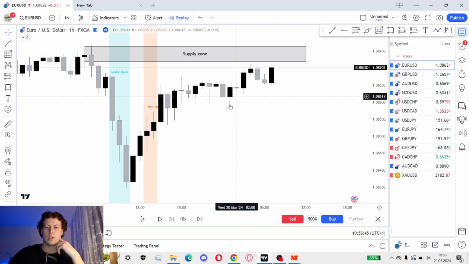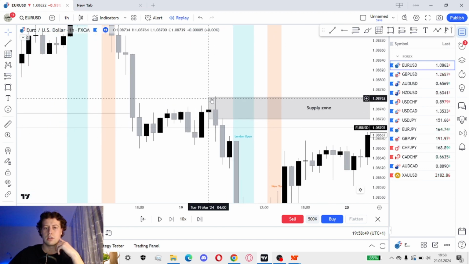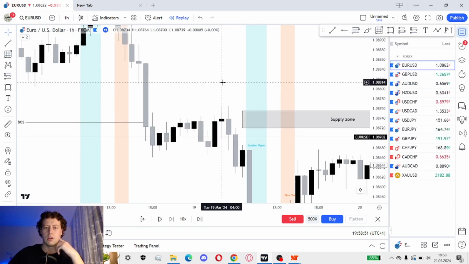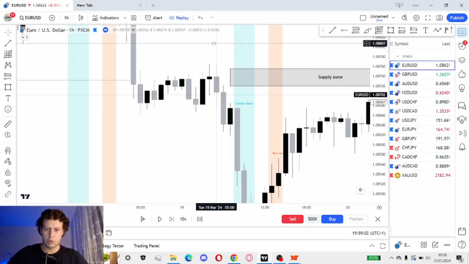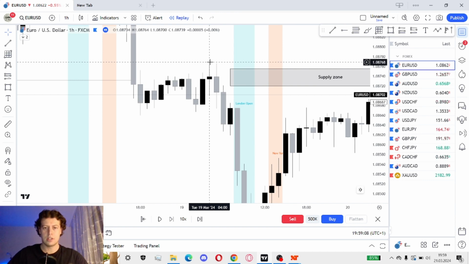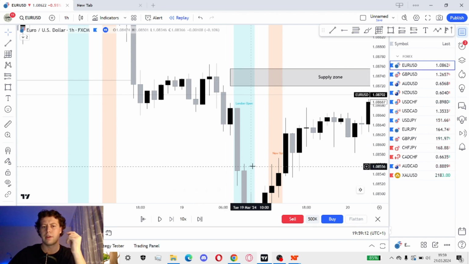Also, what I wanted to show you, which is really nice and I think important: look at these two candles. We have the impulse, with this candle before the expansion, the big impulse.